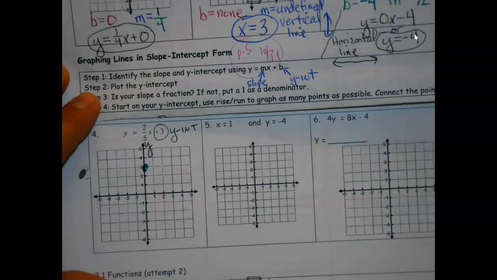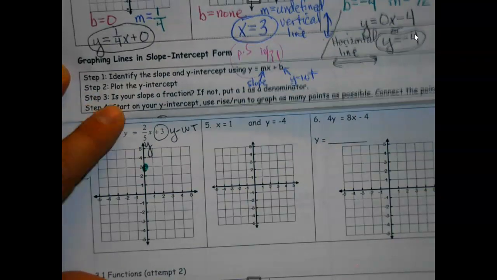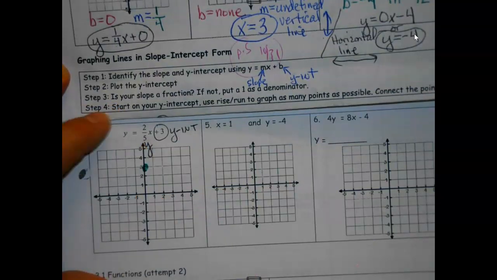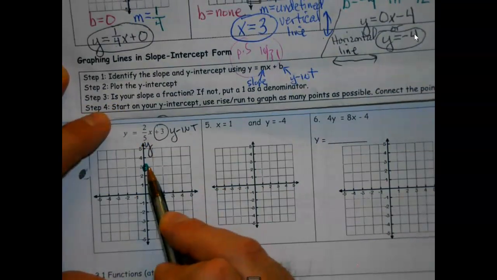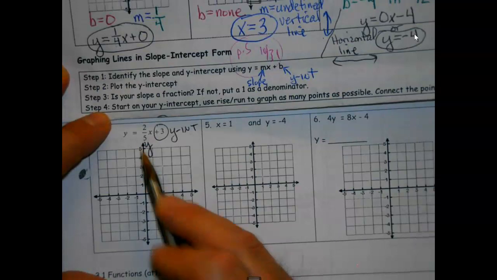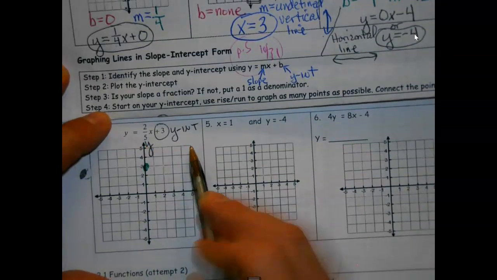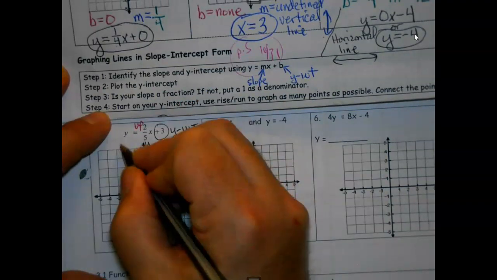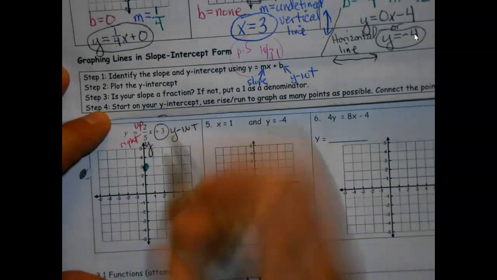Once I get here, step 3. Is your slope a fraction? Yes, it is. So now, start at your y-intercept and do your rise over run, up to right 5.